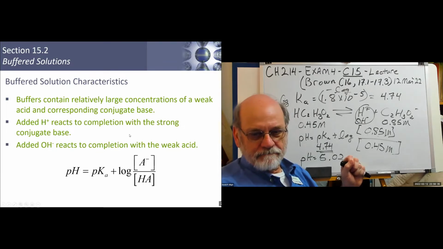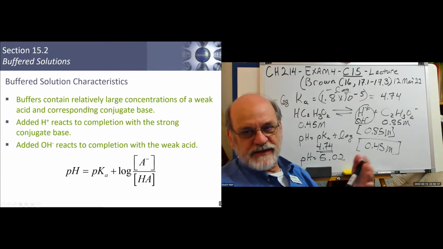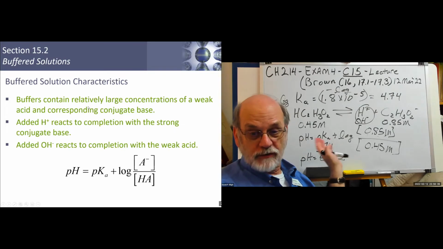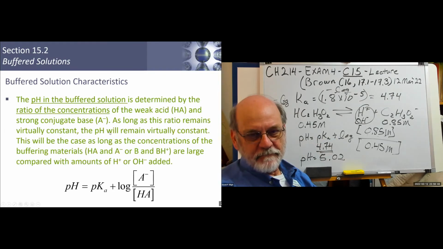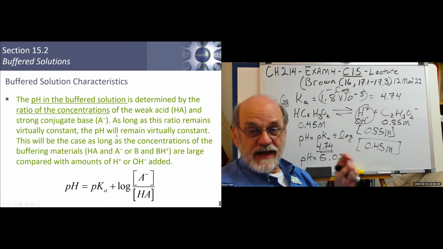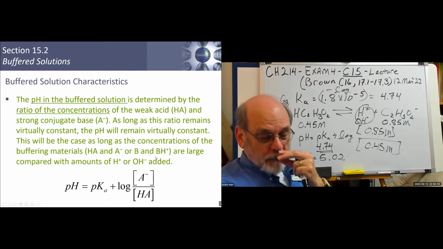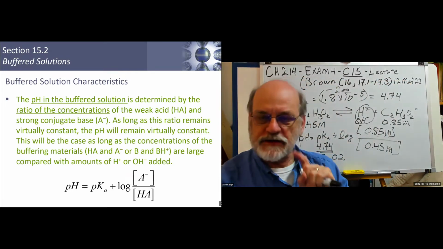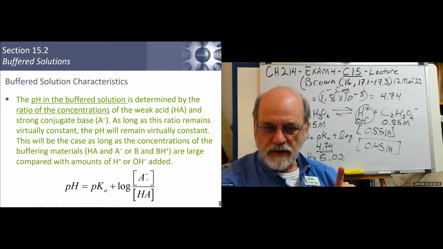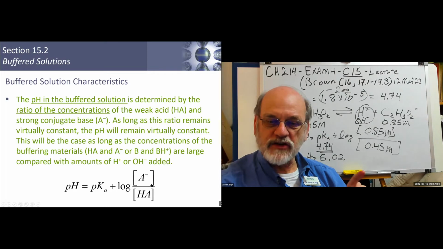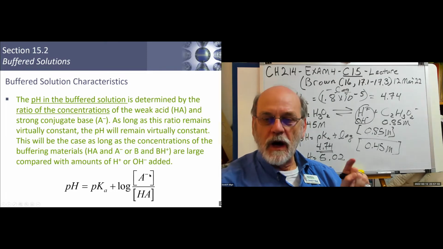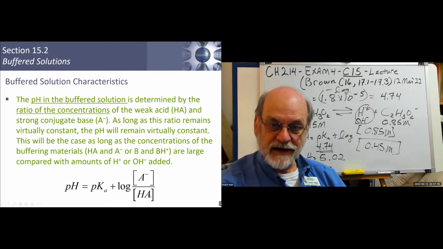Okay, this slide just says everything that I just told you right there. And this emphasizes the point that two things determine the pH of a buffered solution. One is the pKa of the weak acid, and the other is the ratio of conjugate base to undissociated acid.